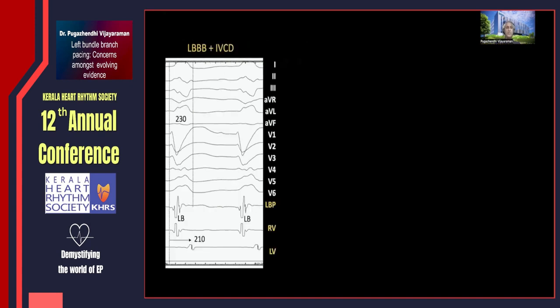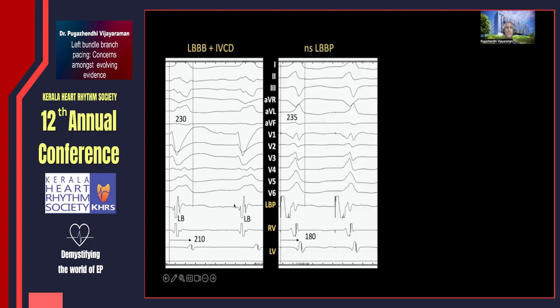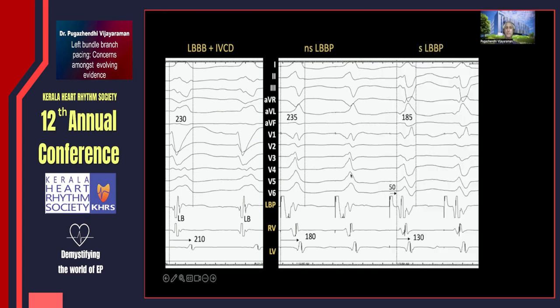And what do we do when we do left bundle pacing? I'm looking at QLV, I have an LV lead, and pacing at a high output, you see there is shortening of QLV, about 180 milliseconds here. And if you exclude some conduction system capture, as you see in lower output, you have selective capture, but there is isoelectric timing of 50 milliseconds.